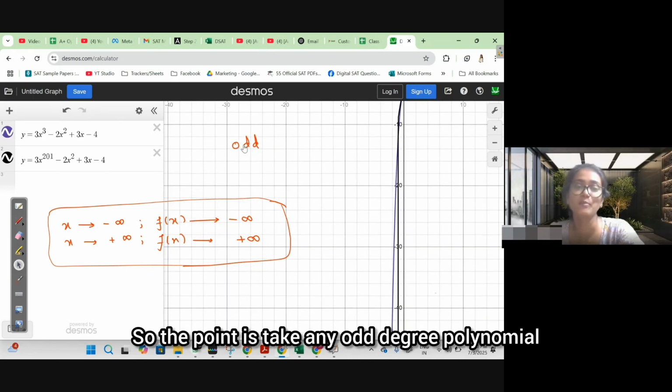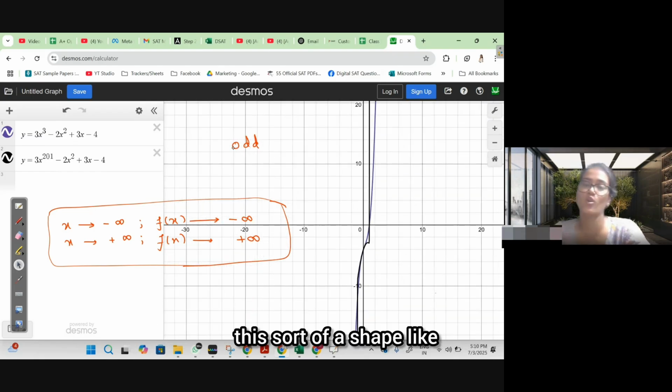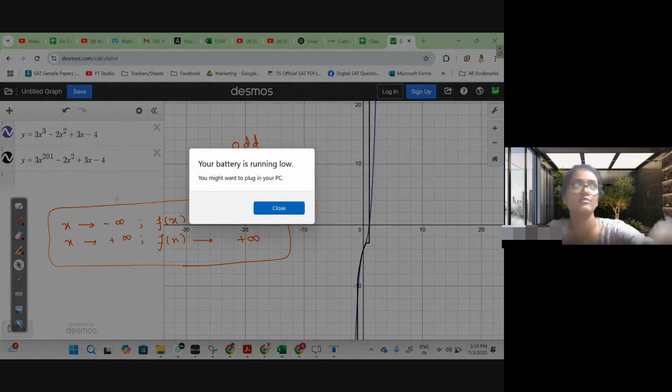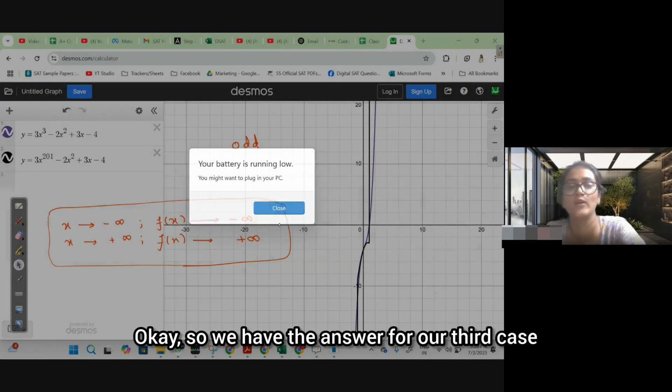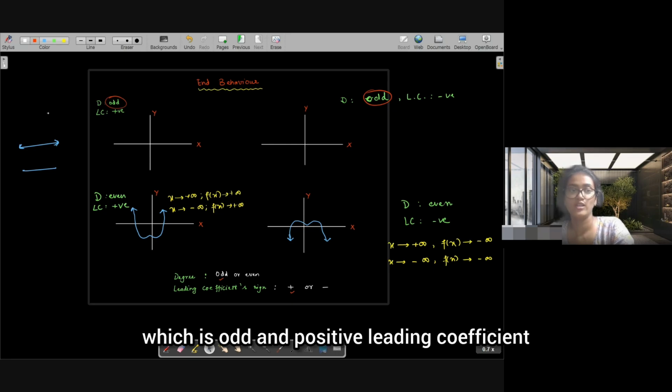Okay, so the point is, take any odd degree polynomial with positive leading coefficient, and it will have this sort of a shape. So we have the answer for our third case, which is odd and positive leading coefficient.